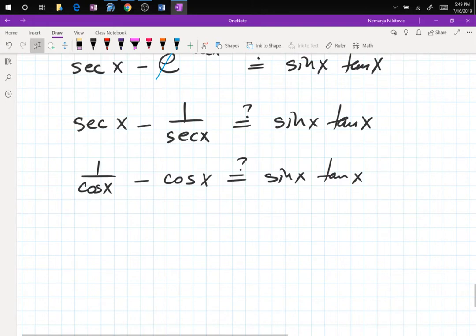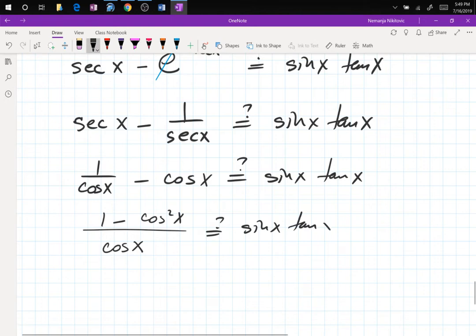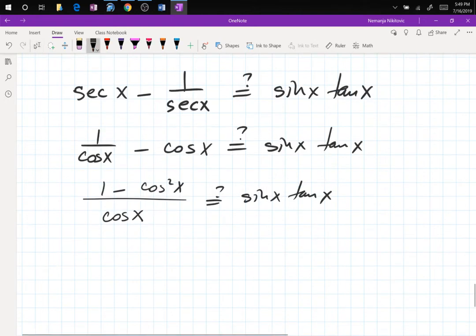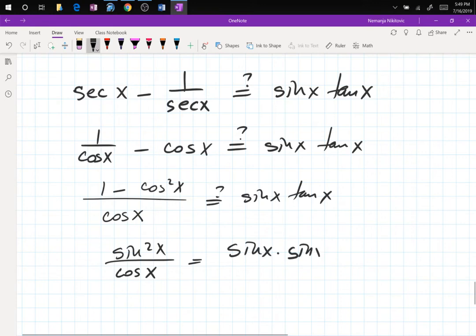Common denominator now is cosine x, which gives you 1 minus cosine squared x, because you need to multiply the second one by cosine over cosine. That still needs to be sine x tangent x, and you hopefully see it by now. 1 minus cosine squared is sine squared. And now this is where you split sine x times sine x over cosine x, which is sine x tangent x.